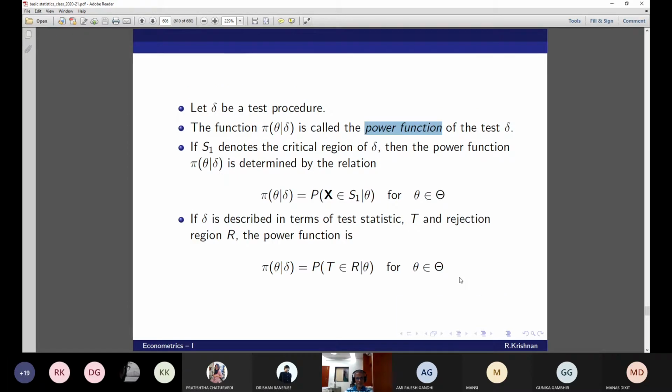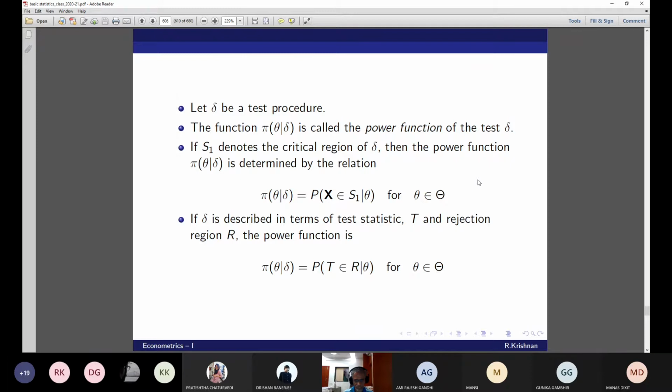Suppose delta is a test procedure that we have done. T is a test statistic, delta will be a test procedure. The function pi of theta, conditional on delta, you'll write that. Given the test procedure, this is called the power function of the test delta.